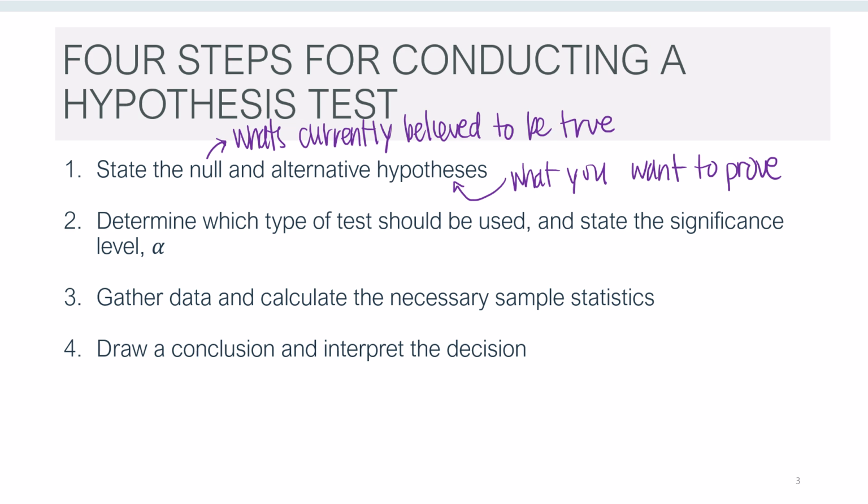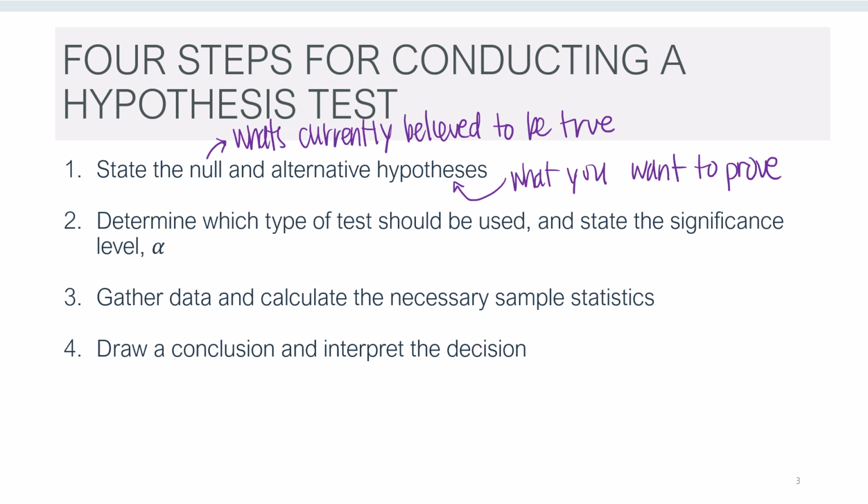So your null hypothesis would be the currently believed average diameter of a sea turtle, and your alternative hypothesis could be what you think is true. So maybe it's less than average, or maybe it's greater than average.